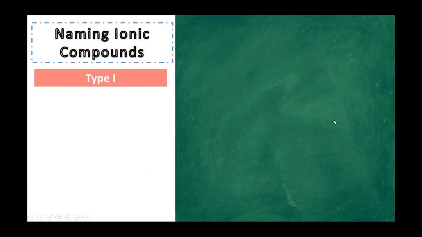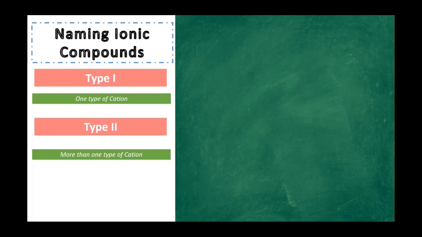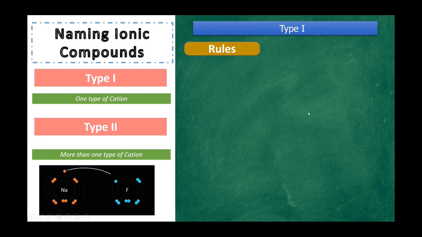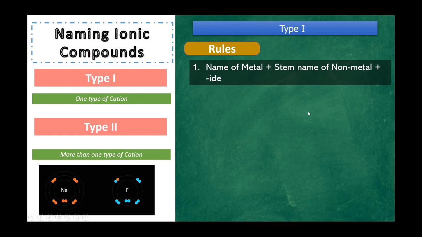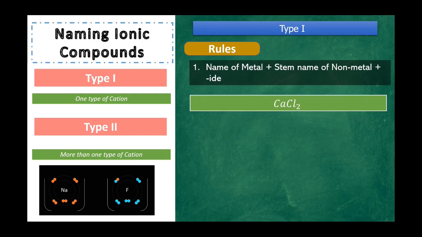Okay, so for naming of ionic compounds, let's have type 1 and then type 2. What's the difference between these two is the cation, or the oxidation state of each element. So for example, we have type 1. What is the rule? Name of metal plus stem name of non-metal plus ide.